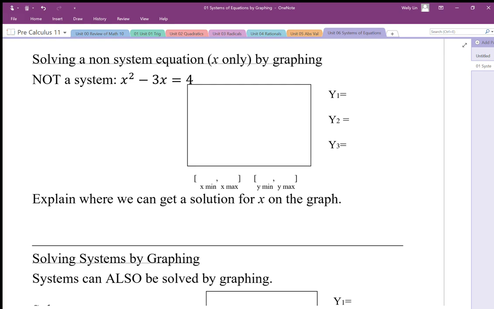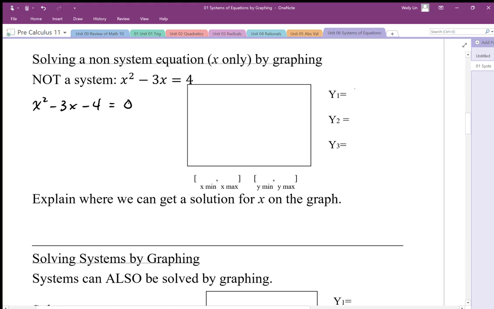When we have an equation, x squared minus 3x equals 1, notice it's one variable. So it is not a system, it's a one variable equation. If I were to solve this, I want to make it equal to 0: x squared minus 3x minus 4 equals 0.